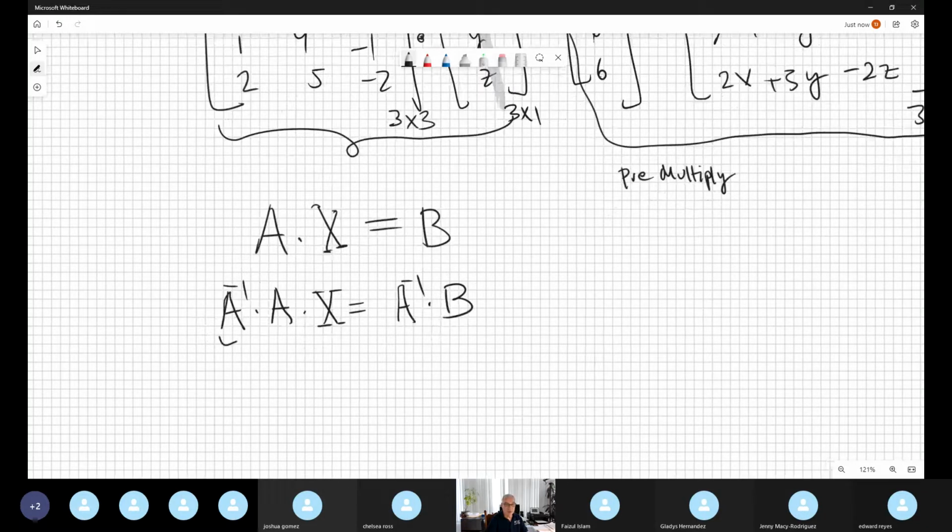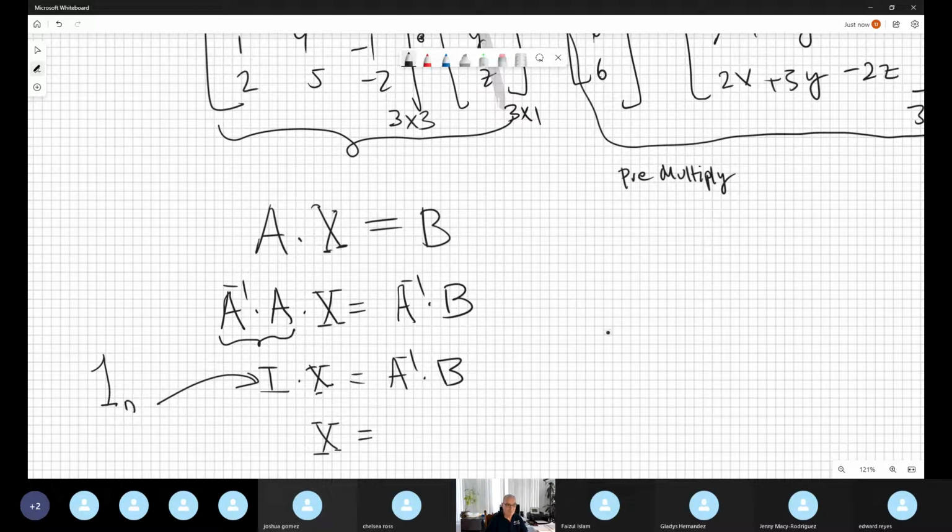But I know very well that this multiplication is equal to the identity of the same dimension, 3 by 3 or 4 by 4 or whatever. And in the right hand side we have the inverse matrix times B. And you also know that the identity matrix multiplied by any vector or any matrix gives exactly the same vector or matrix, because the identity matrix works like a one in multiple dimensions. Suppose it's dimension 3, because my problem is 3: 1 0 0, 0 1 0, 0 0 1.